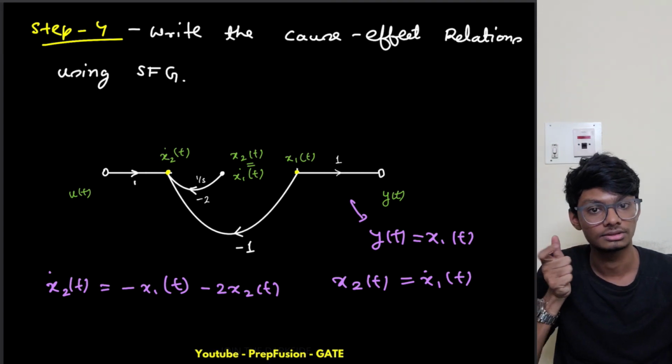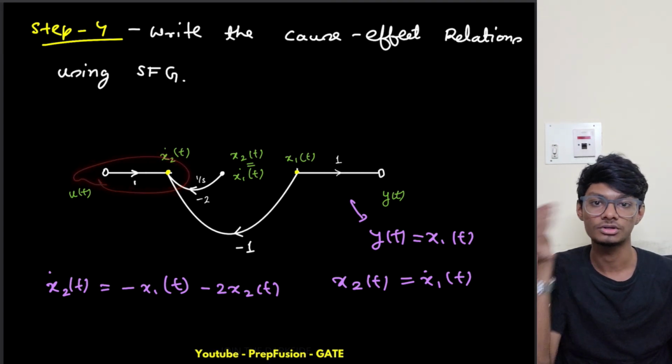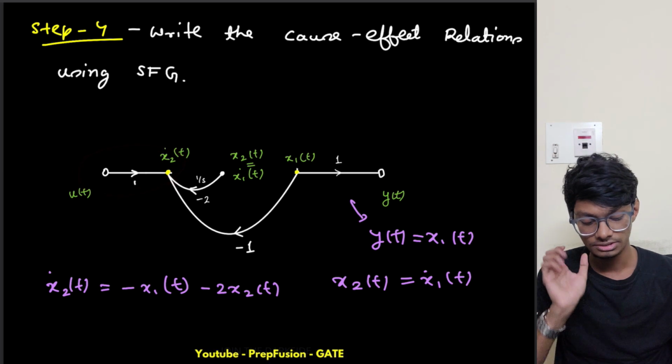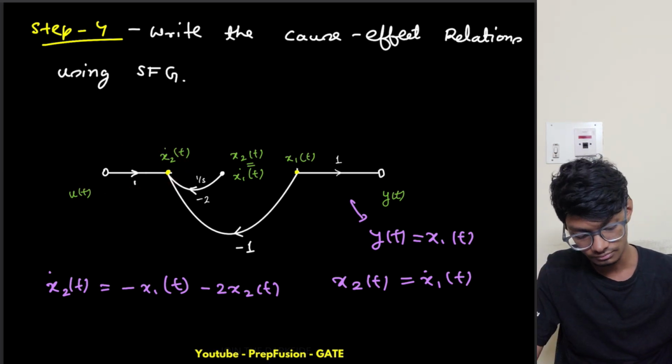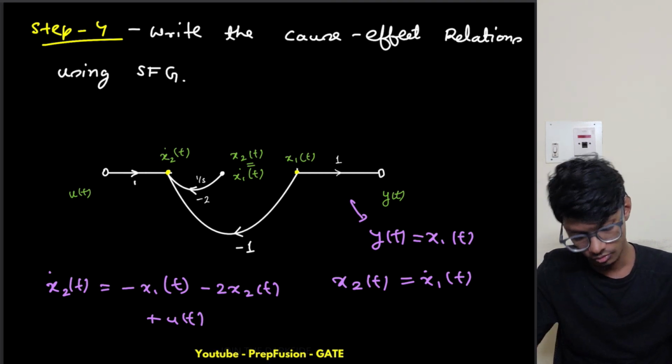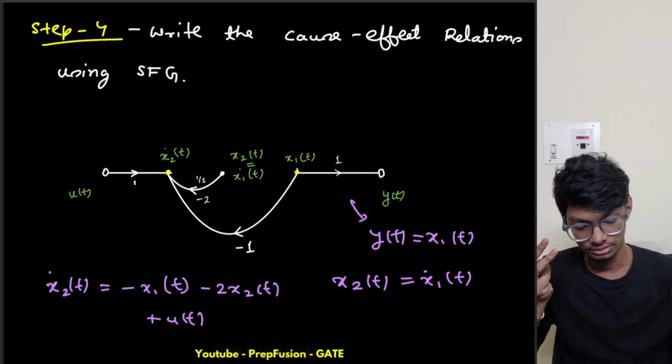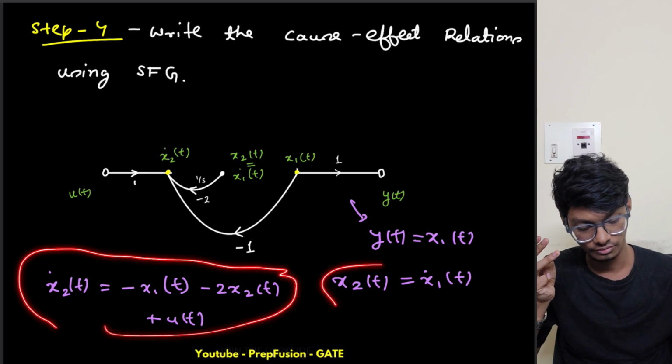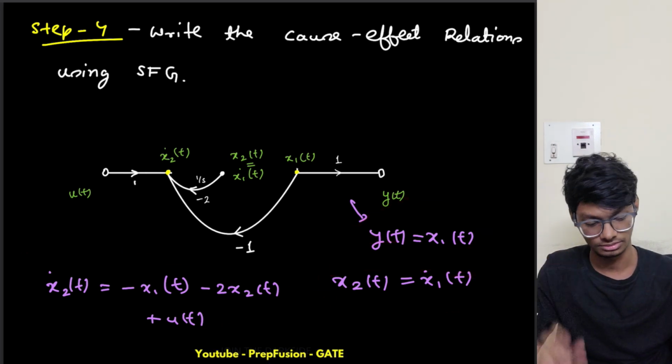Also another thing is incoming, the input, so it is 1 times u of t. So I got the three equations. These are the state equations and this is the output equation.